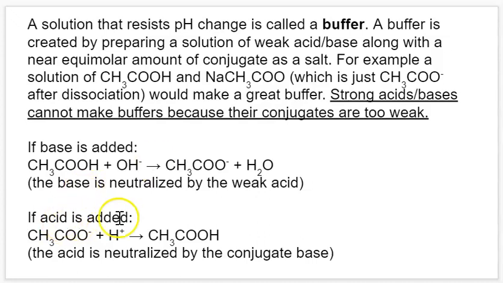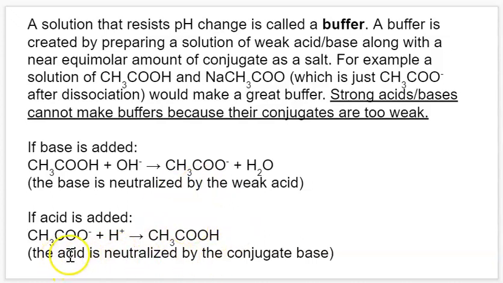Now, if we were to add an acid, well, we also have a bunch of acetate in solution, the conjugate base of the acetic acid. That is going to act like a base, because it's the conjugate base of the original acid. When we add hydrogen ions, it's going to accept them and turn back into more acetic acid.